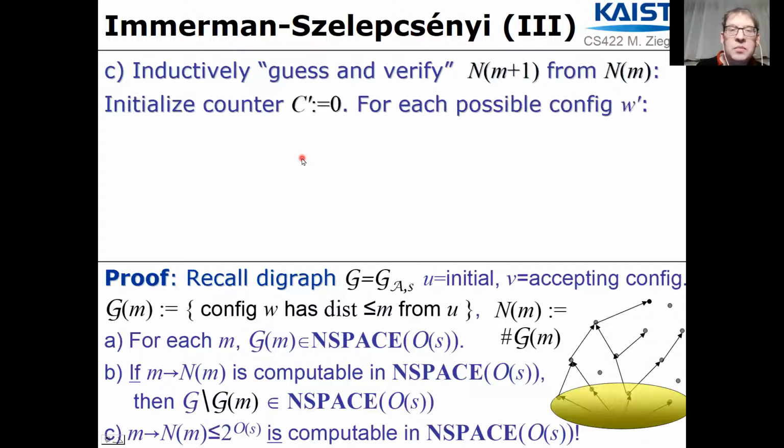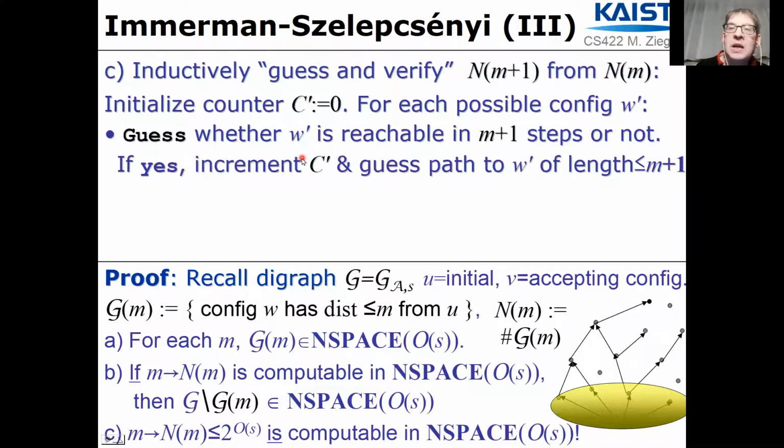So here's the algorithm, and this time the counter C prime is used to determine the inductively next value n of m plus 1, supposing that we already have calculated and stored n of m.